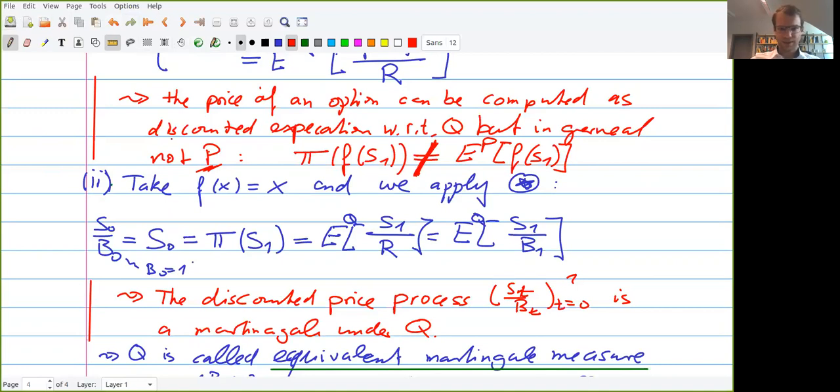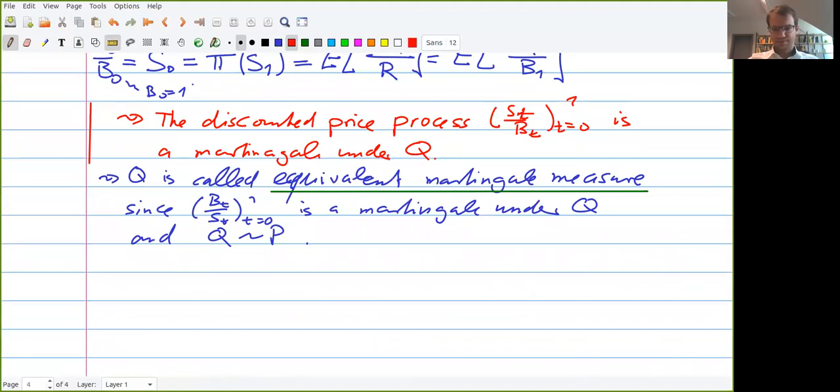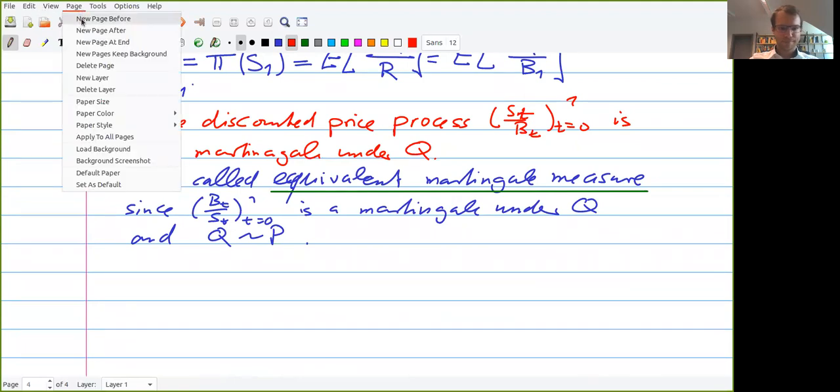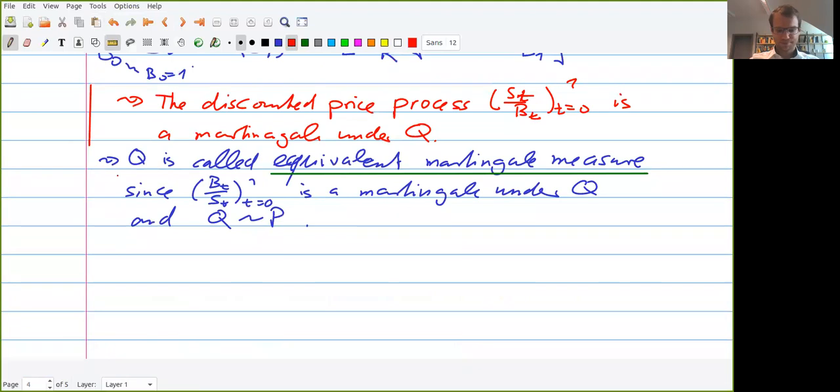Okay, we have 10 minutes left, so we can start with the next chapter. And this is what we want to understand now better in a more general context: how no arbitrage and this notion of martingale measures relate. That's 3.3, no arbitrage and martingale measures.